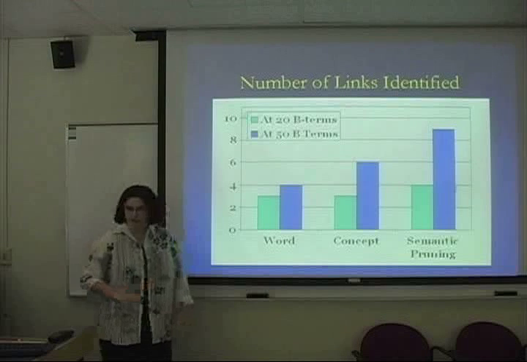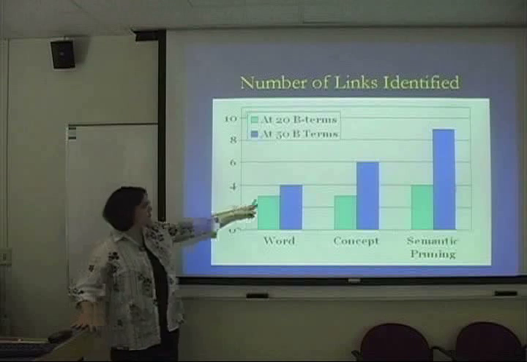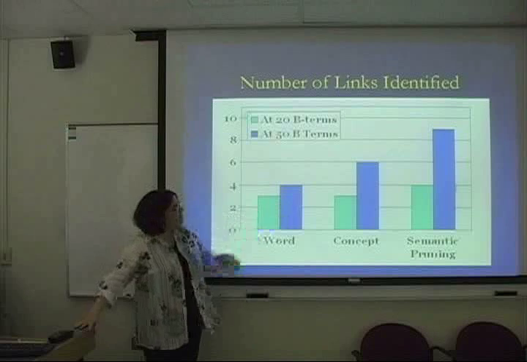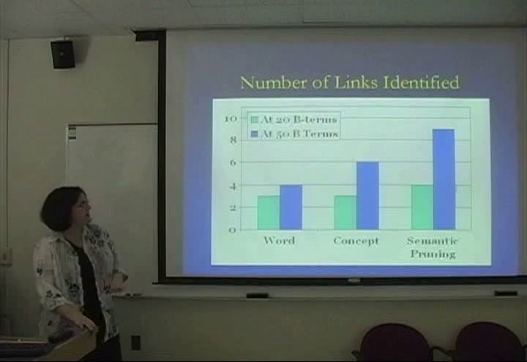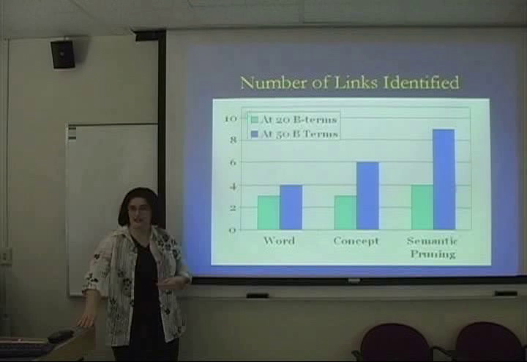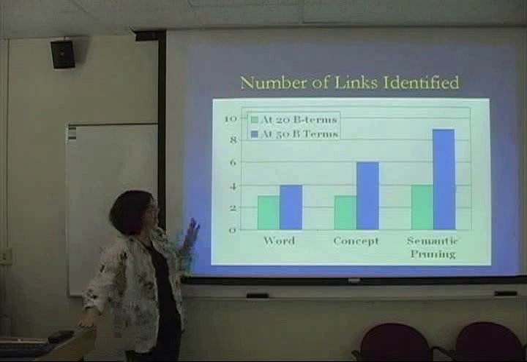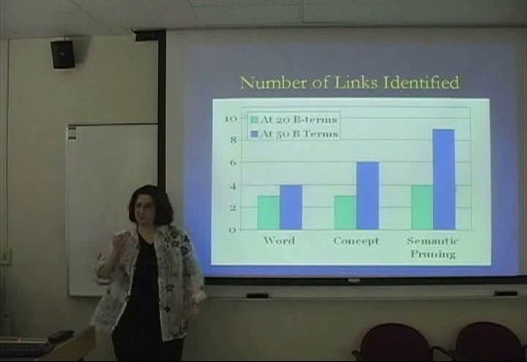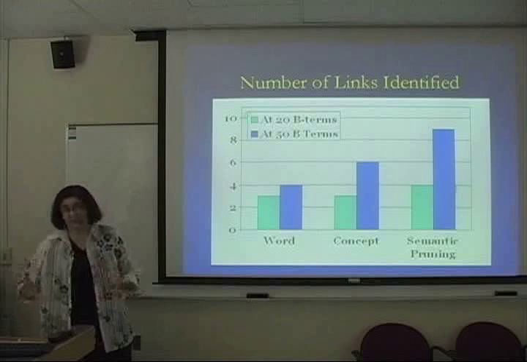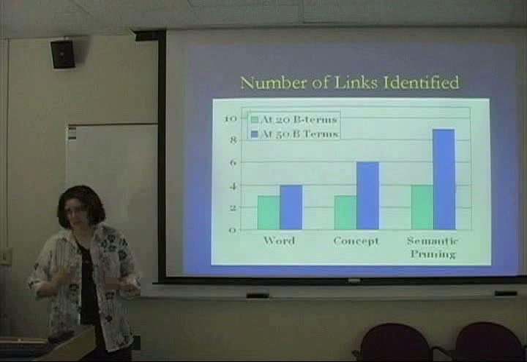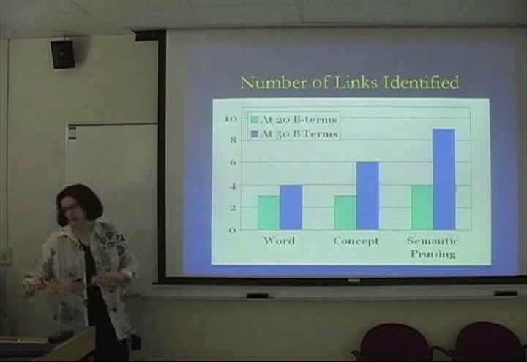Using a word representation, they were only able to find 3 of the 4 links. Using a semantically pruned representation, they were able to find 9 out of these 11 links. Now this, as I mentioned, doesn't address the issue of the other ones in that set, how many of them were actually true or false. We don't know.